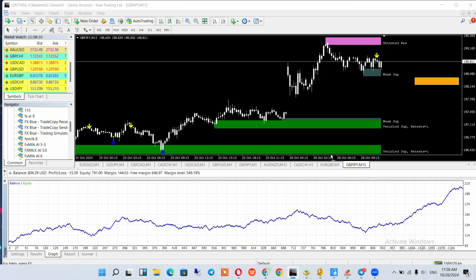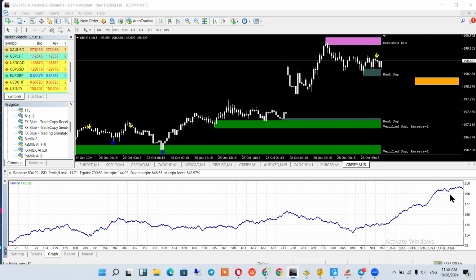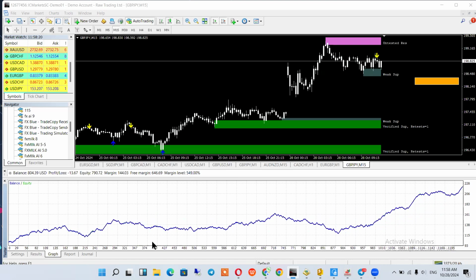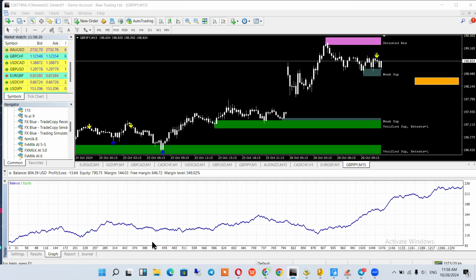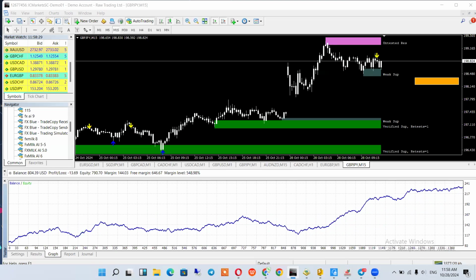But I thought I should bring something to your notice. If you observe the pattern at which this system trades, the equity line is not a straight line. It's only systems with risky trading strategies that seem to have a continuous equity line.